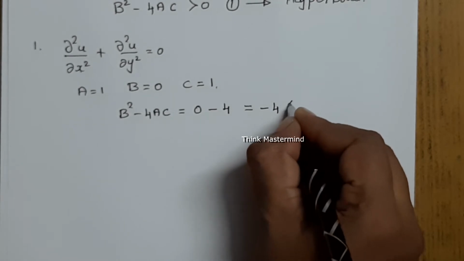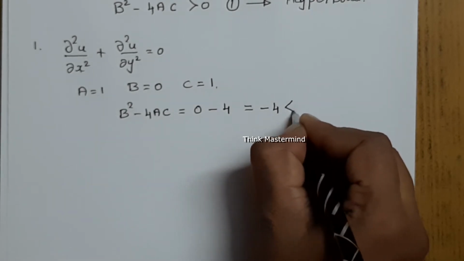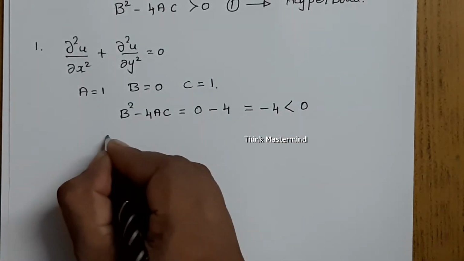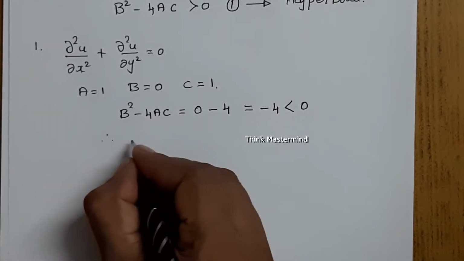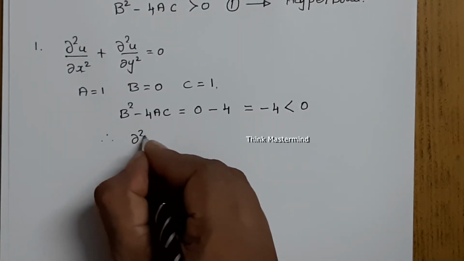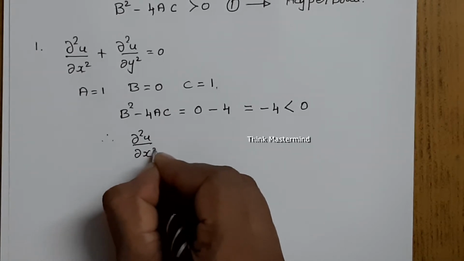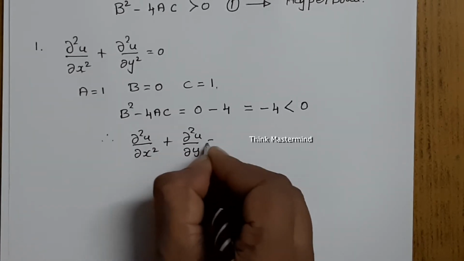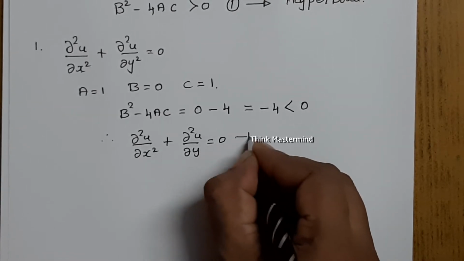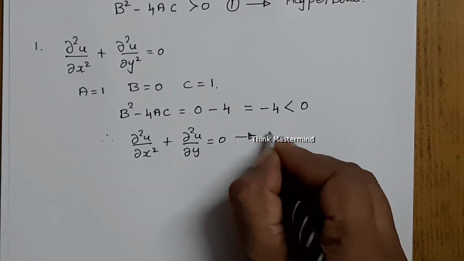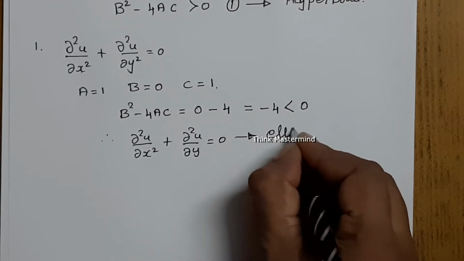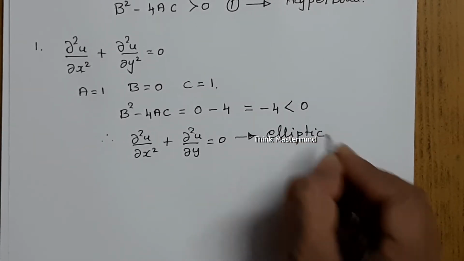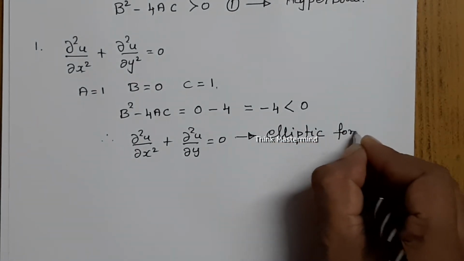So b² − 4ac is −4, which is less than 0. Therefore the given partial differential equation, ∂²u/∂x² + ∂²u/∂y² = 0, represents an elliptic equation or elliptic form.